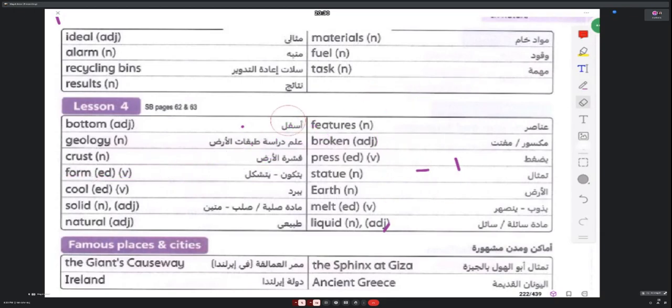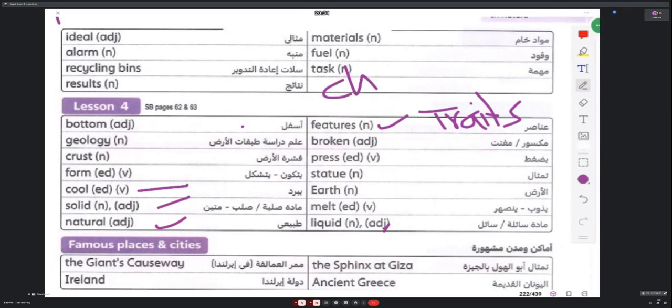Cool: not hot, not cold. Solid: something hard. Natural features: traits or characters, سمات أو صفات أو خصائص.